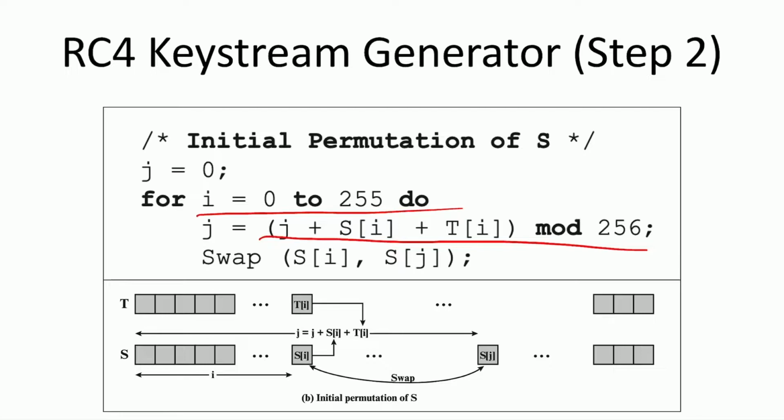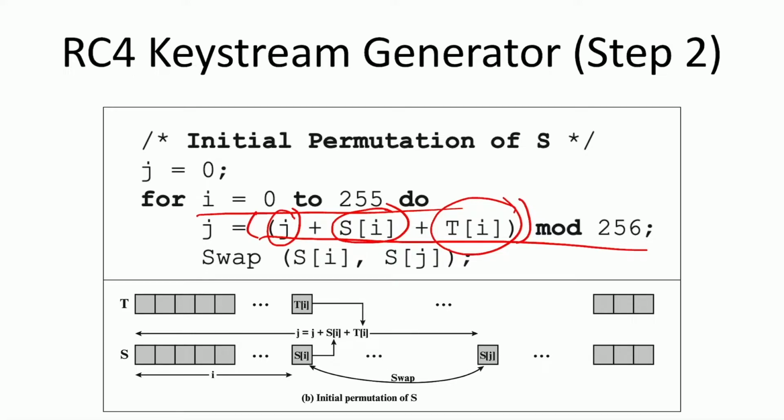This formula is using the current value of index j and adding to it the value of S vector at index i and the value of T vector at index i, and then we take a mod of this value with 256. And the reason for doing the mod operation is that if the value is greater than 255, we need to wrap it back to a value from 0 to 255, because we only have indexes from 0 to 255.